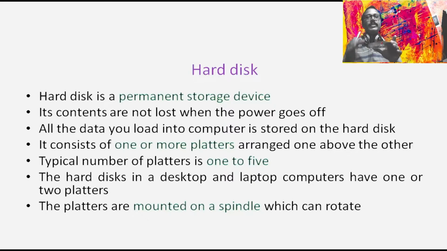So a hard disk consists of different platters arranged one above the other, attached to a central spindle, and you can write on both sides of a platter. That means this side and also this side you can write. On both sides there will be what are called read-write heads, something like this. Read-write heads.